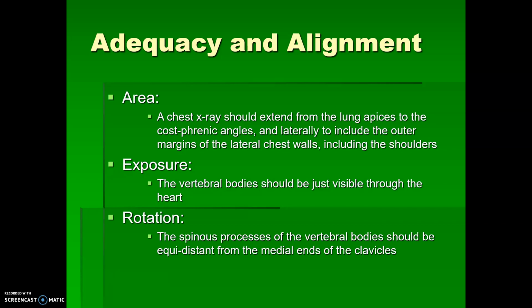The exposure can be assessed by looking through the heart at the vertebral bodies, which should be just barely visible through the density of the heart. And finally, you can check for rotation by looking at the spinous processes of the vertebral bodies and seeing if they are equidistant from the medial ends of either clavicle.